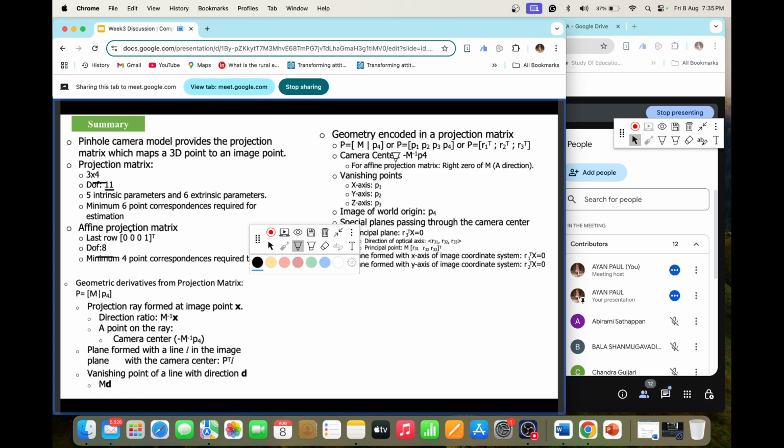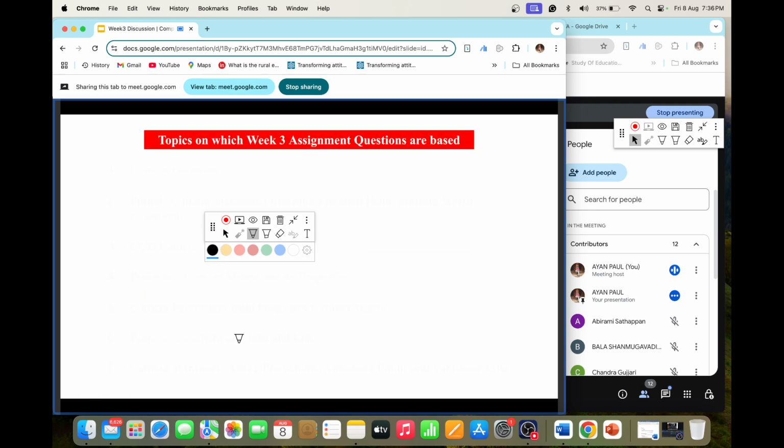Then the camera center formula, and the vanishing points of the x-axis P1, y-axis P2, z-axis P3, the image of the world origin P4, and the principal plane, that is R3. I have discussed these again and again, so let's skip this. I hope it is clear to all of you. Let's move on to the questions.